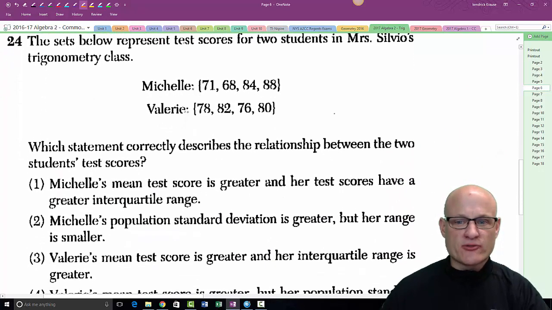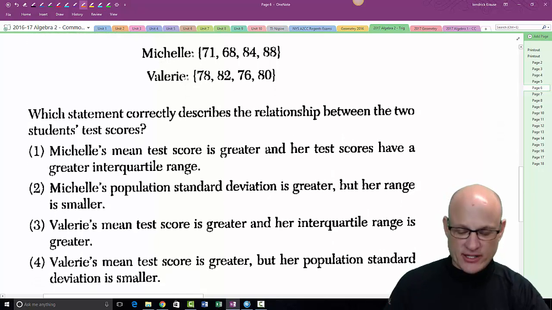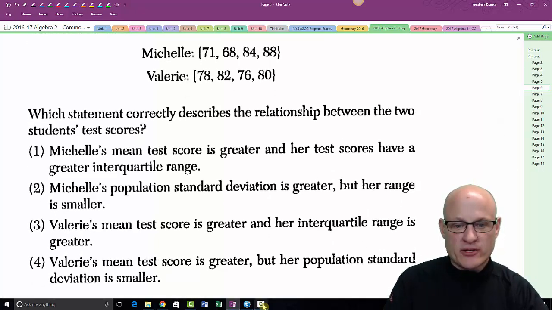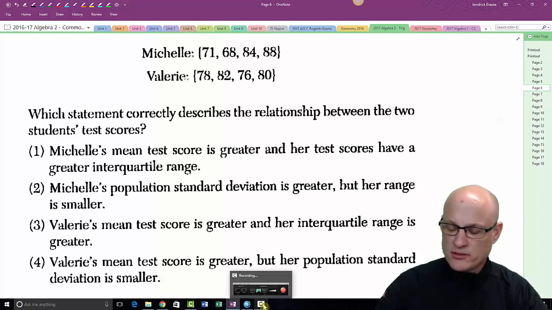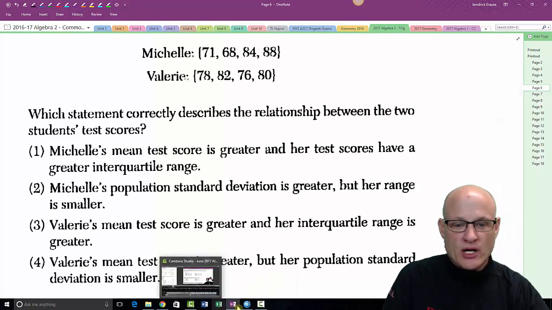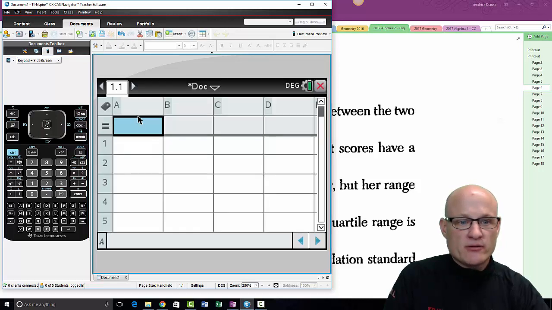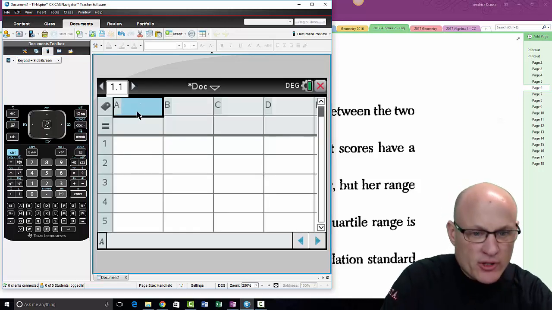Which statement correctly describes the relationship between the two test scores? Oh my gosh, I have to do the mean of these. All right, I'm going to pause this while I do the mean. I would come over to my calculator and look at my sheet.